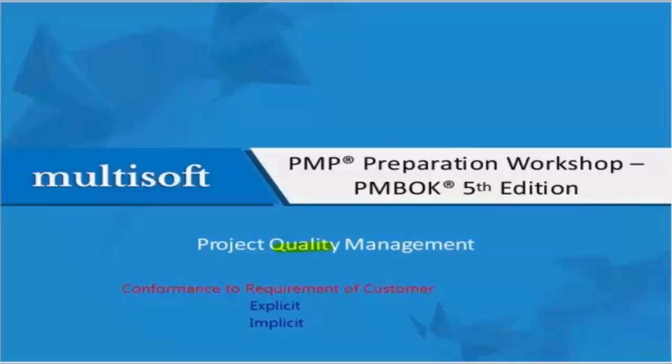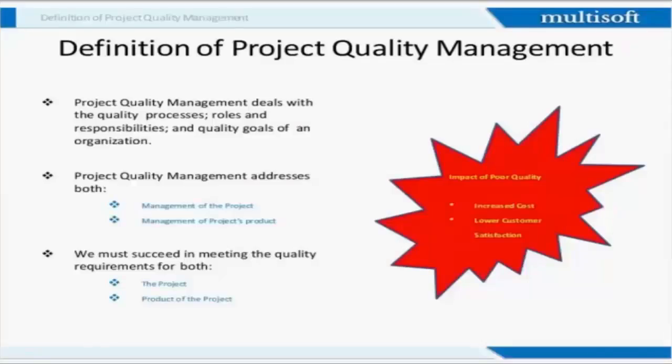So for this, there are three processes: planning, quality assurance, and quality control. Project quality management deals with the quality process, the roles and responsibilities, the quality goals, and it addresses both the quality of the project, that is the management of the project quality, and the product quality.